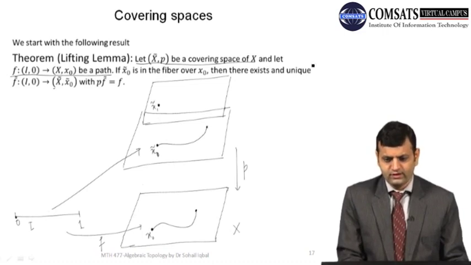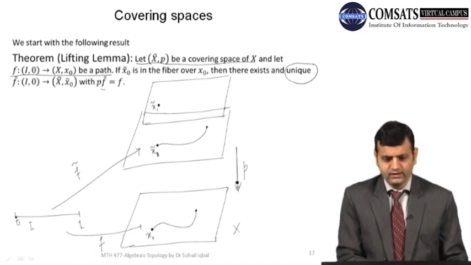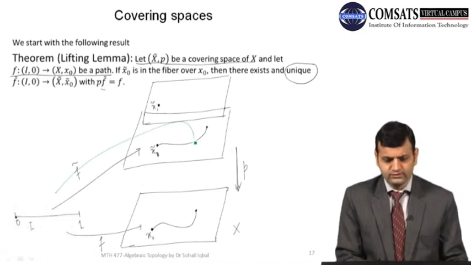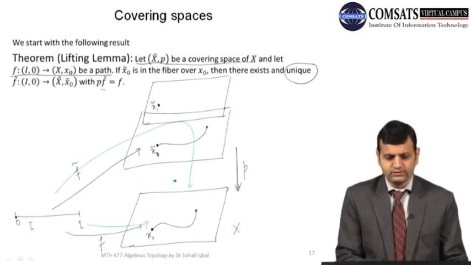Remember, we are emphasizing this word unique, such that when we apply f tilde first and then we apply p, it is the same as this f. If we follow this route and this route, the answer is the same. Take this path and then apply this projection map, or take directly this path, so it is this.